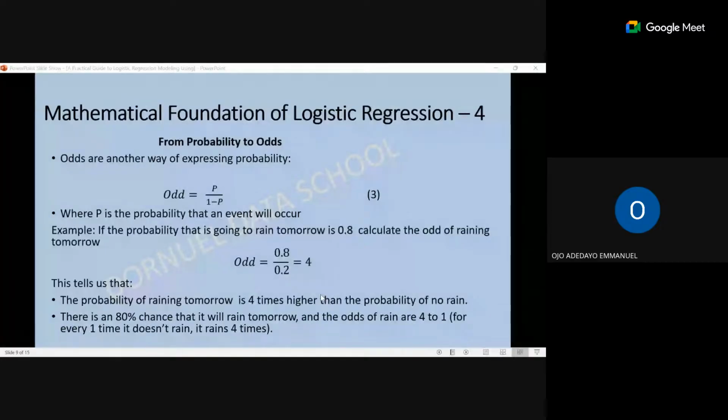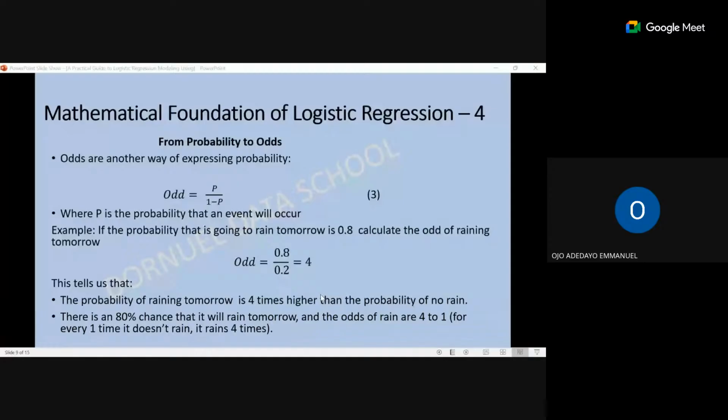Let's say, for instance, the odds of you passing this particular exam is 5. It means that if anybody failed that exam once, that person has higher chances of passing it in 5 times subsequently. I'm trying to look at how I can still explain the odds for you.